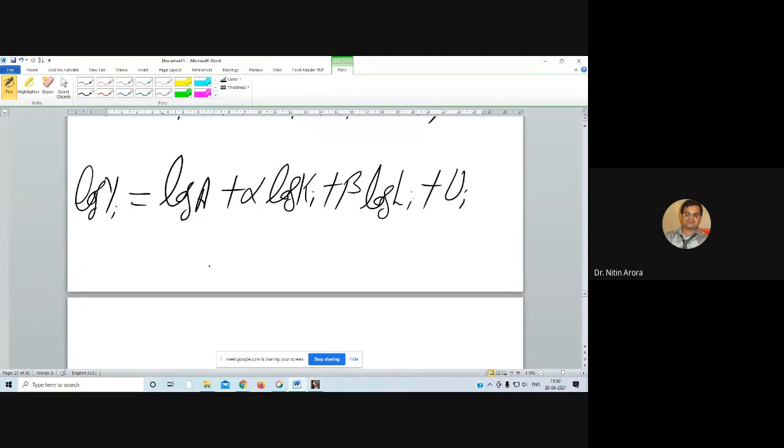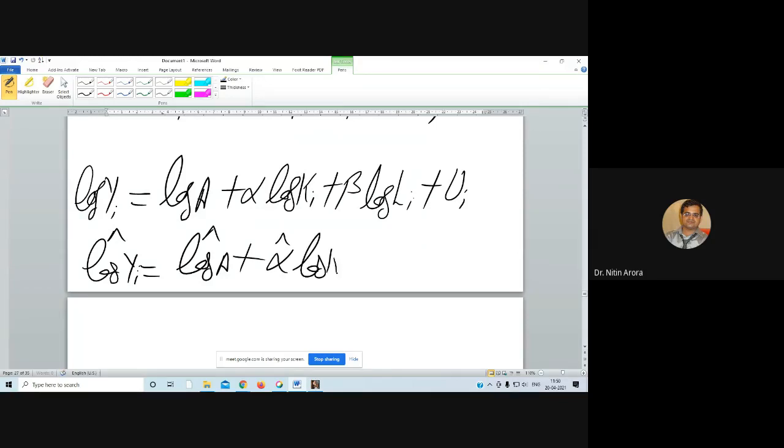If I apply the method of OLS here, I will be getting log A cap. Now log y i cap, the estimated value of log y i, would be log A cap plus alpha cap log K i plus beta cap log L i.